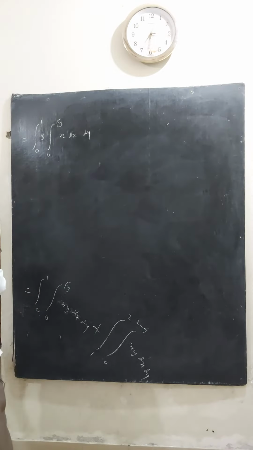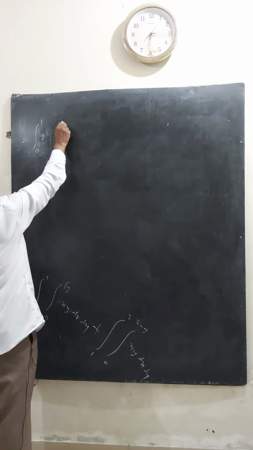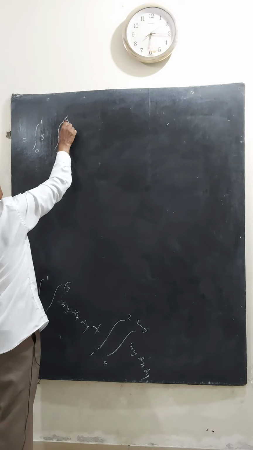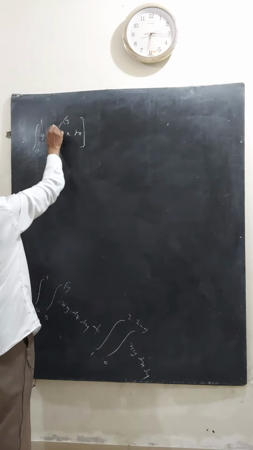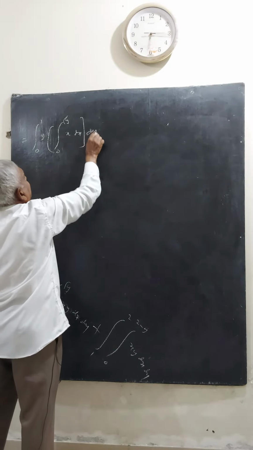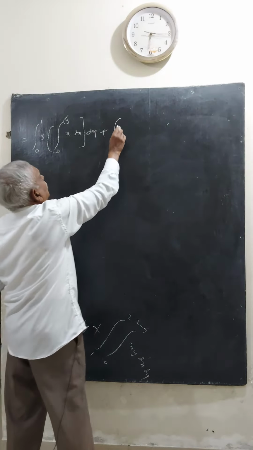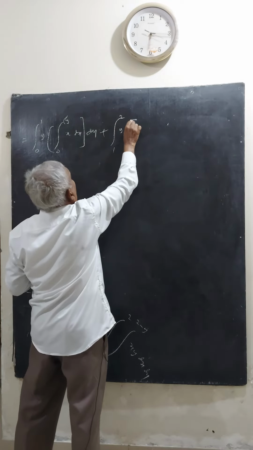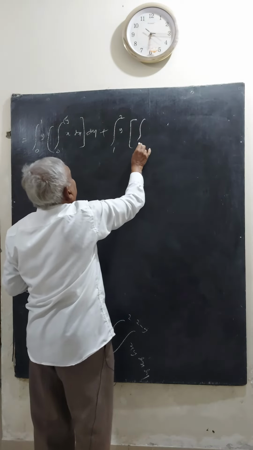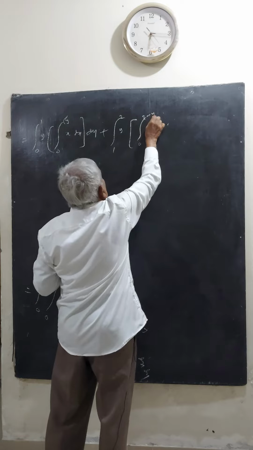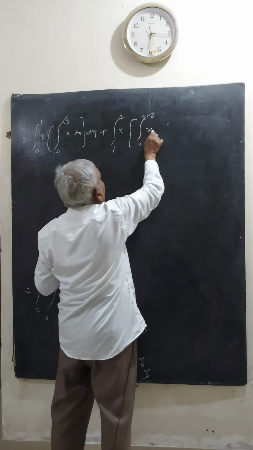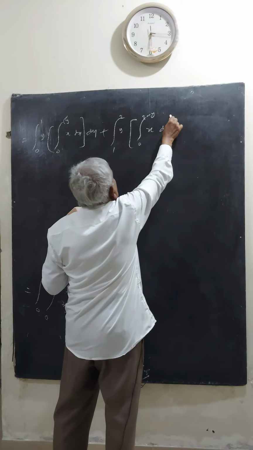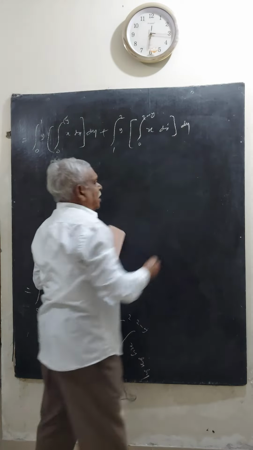Let us separate this. Integral 0 to 1 of y, integral 0 to root y of x dx dy. Similarly, 1 to 2, y is taken out, limit 0 to 2 minus y, x dx dy.